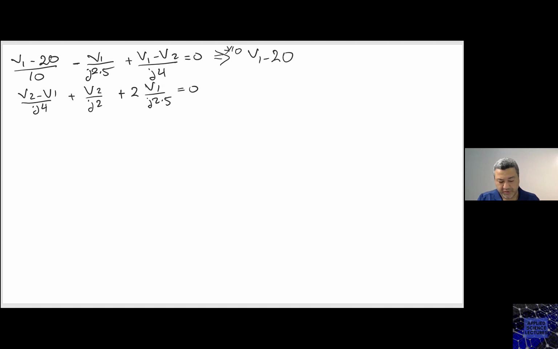When j goes up, this becomes positive j, right? And I have j4 v1 minus j2.5 v1 minus v2 equals 0.